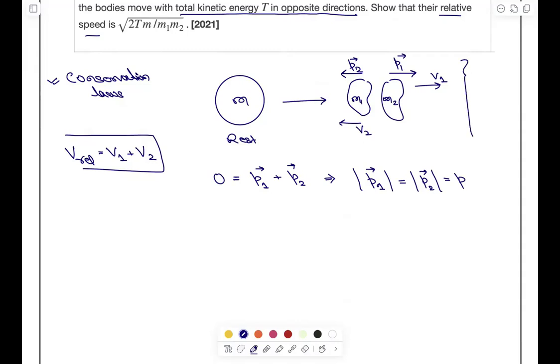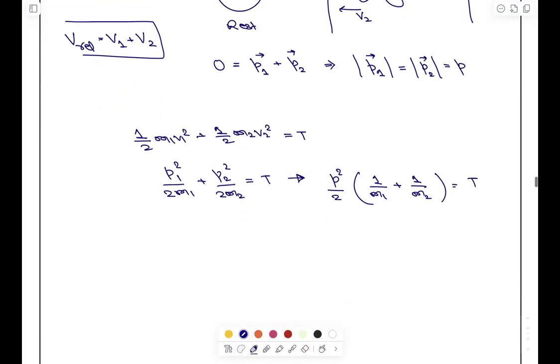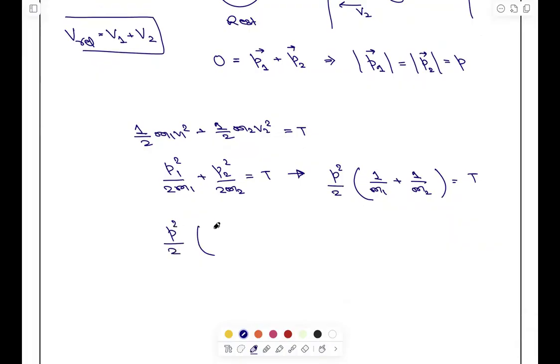Let's connect with the total energy T. We can write half m1 v1 square plus half m2 v2 square equals T. You can convert m1 v1 into p1, so p1 square by 2m1 plus p2 square by 2m2 equals T. Since p1 and p2 have the same magnitude, we take p square by 2 common: 1 by m1 plus 1 by m2 equals T. So p square by 2 times (m1 plus m2) upon m1 m2 equals T. What is m1 plus m2?